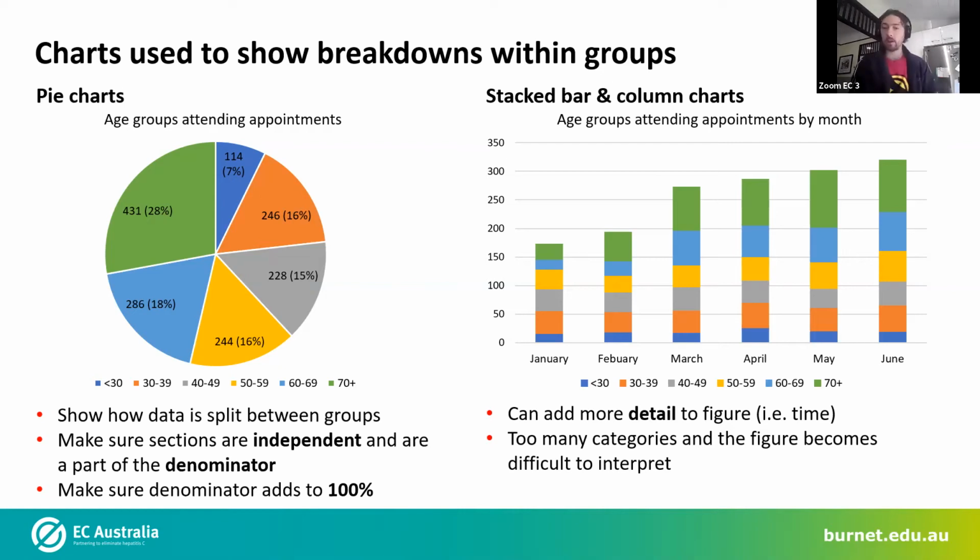There's value in adding this level of complexity, but as you can see, it starts to become a little bit too complex and difficult to interpret, as the sizes of the stacks in the bars are hard to compare between different months. So it's just being mindful about the simple versus presenting more information balance and trade-off that you always have when you're doing figures.